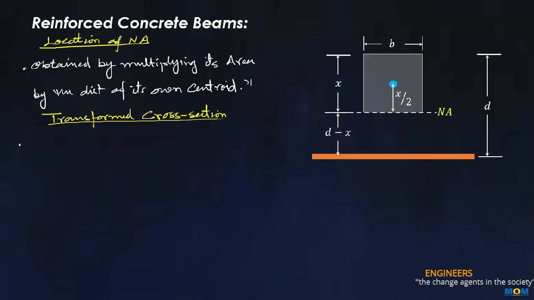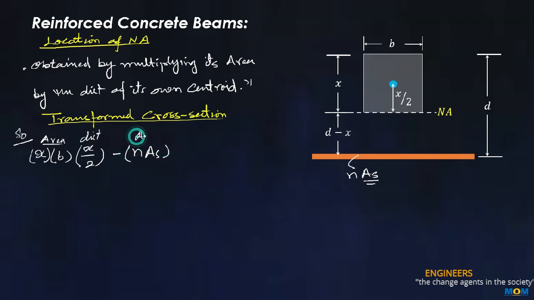Now keeping in view the definition of the location of the neutral axis, we can write x into b, that is the area of the concrete, multiplied with the distance from its own centroid, that is x upon 2, minus nAs, which is the total area of the transformed steel, and the distance from its own centroid, that is d minus x.